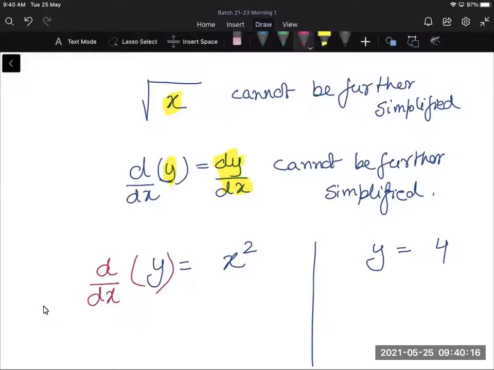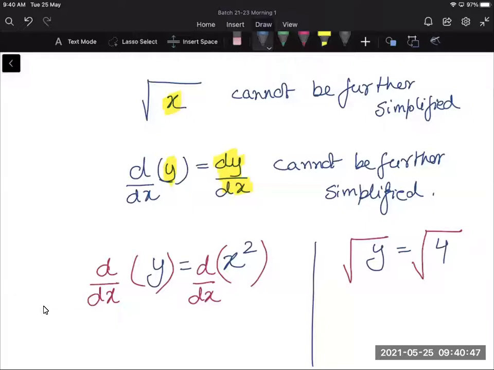You can do something on the LHS, and you have to do the same thing on the RHS. So if you apply the operator d by dx on the LHS, then to maintain the equation you have to apply the operator d by dx on the RHS as well. For example, in this parallel scenario, if I want to apply the root operator, I cannot do it on one side only, I have to do it on both sides.